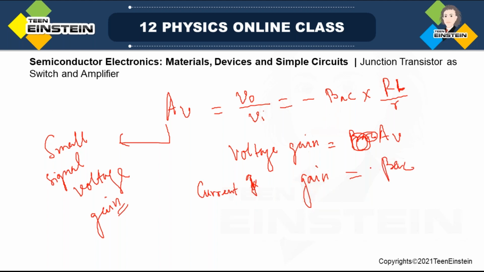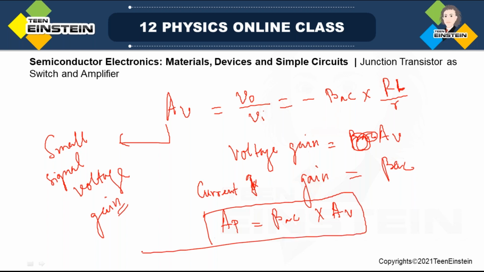Then what will be the power gain? The power gain AP is equal to beta AC into AV. This is how we can find out the power gain, and we can use this transistor as an amplifier.